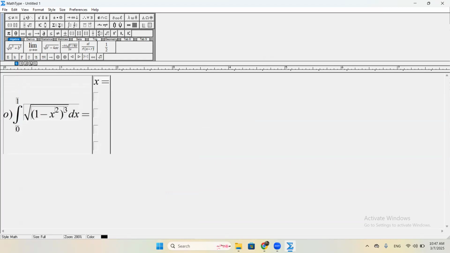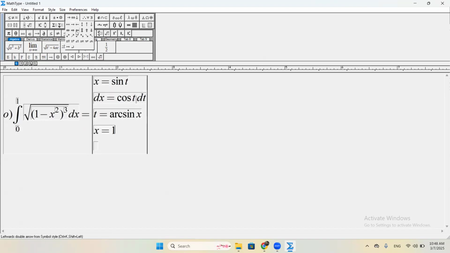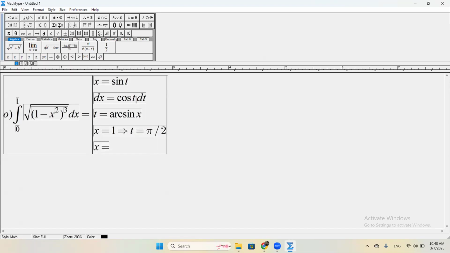So x equals sine of t, then dx equals cosine of t dt. Then t equals arc sine of x. And when x equals 1, t equals half of p. When x equals 0, t equals 0 as well.